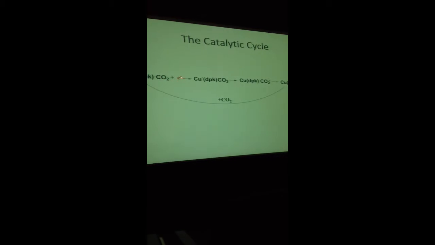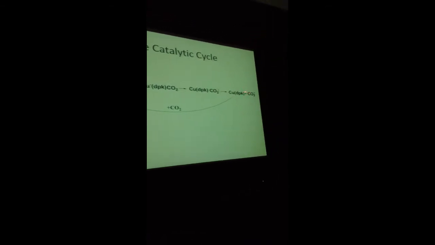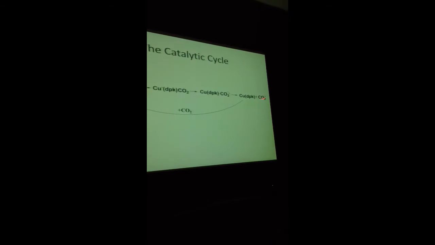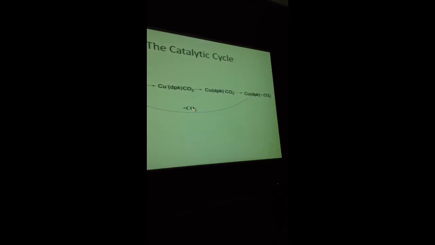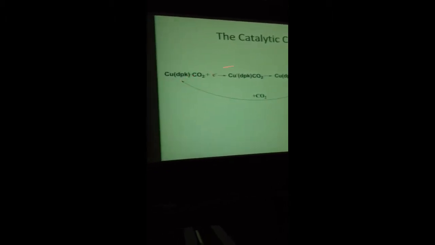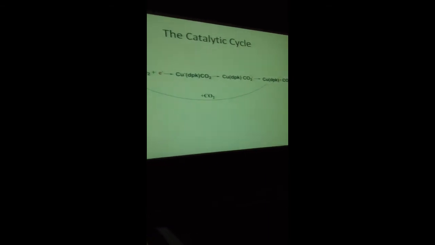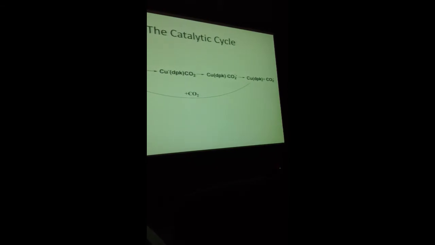So that electron is going to move onto my copper. And then that electron is going to move onto the CO2, and then the CO2 is going to leave as a radical. That leaves the copper free to react with CO2 again, go back to the original place, and accept another electron. So this will get kind of like a domino effect, and this is how it's acting as a catalyst because it will greatly increase the current.